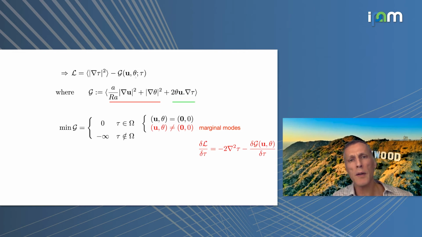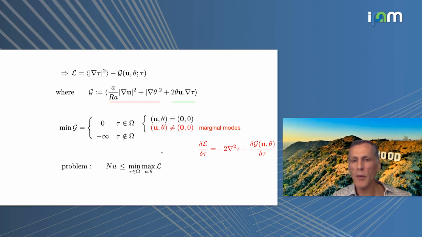Because if you think about going back to this Lagrangian up here, if I take the variational derivative with respect to tau, and I want to get a non-trivial equation, I must have a non-trivial u and theta here to get this term. And this is really the crucial thing.